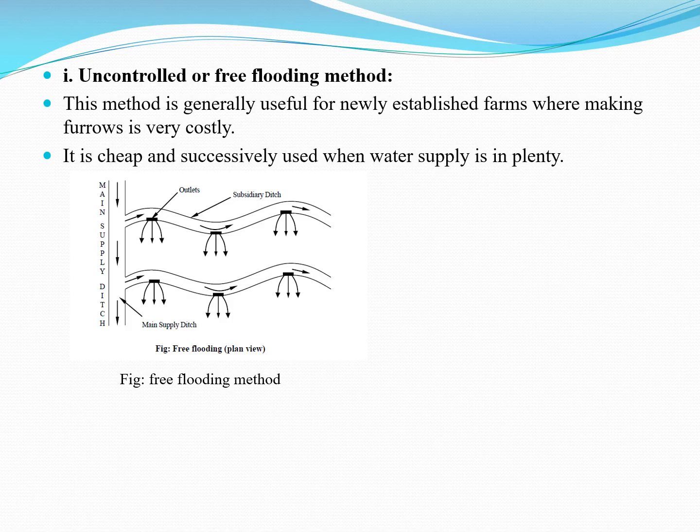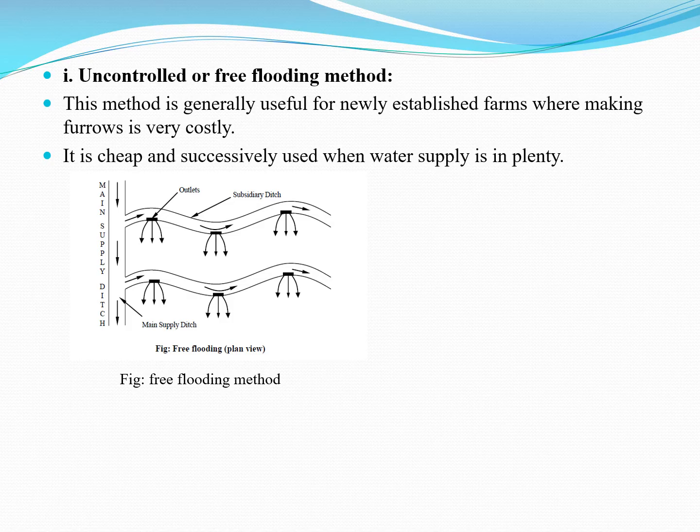To divert that water from main to laterals, generally earthen dams are used. But sometimes, to divert that water from main to laterals, steel shutters are also used. And this method is generally used for newly established farms where making furrows is very costly.